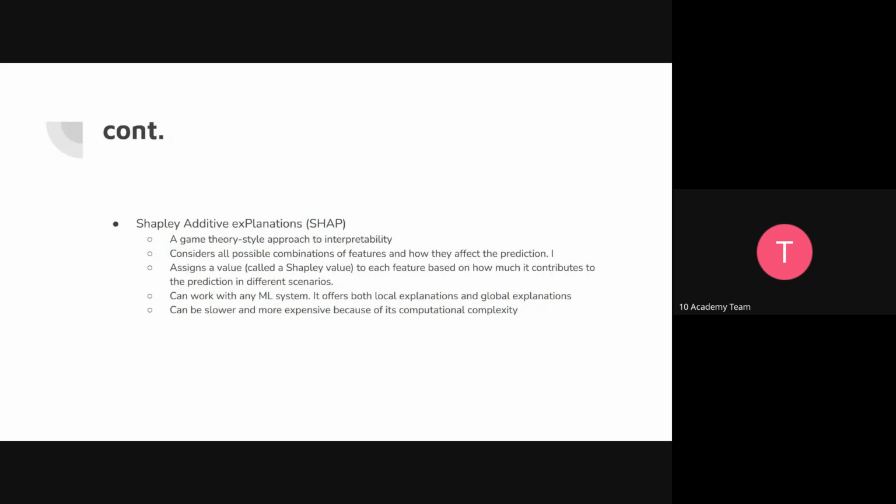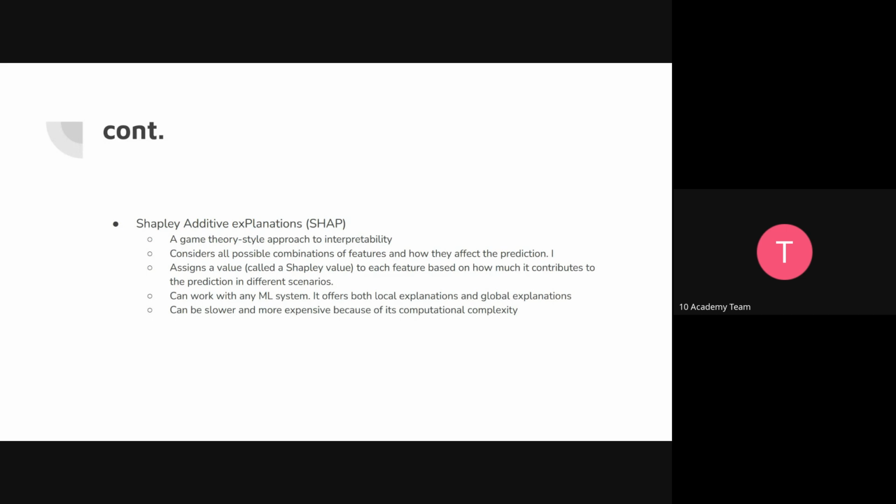SHAP, on the other hand, as we discussed before, is a game theory approach. It considers all combinations of features and how they apply to predictions, not for one particular prediction, but overall for a sample.